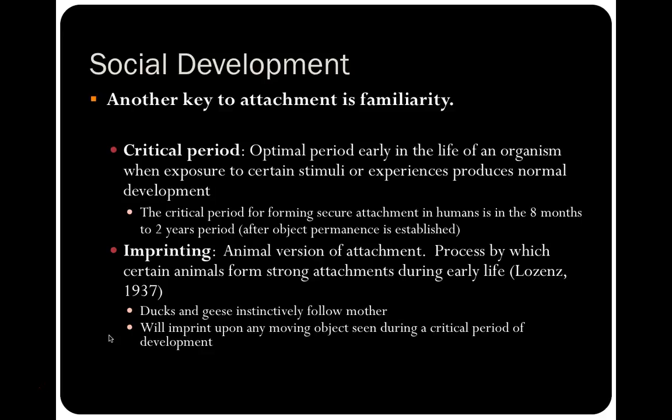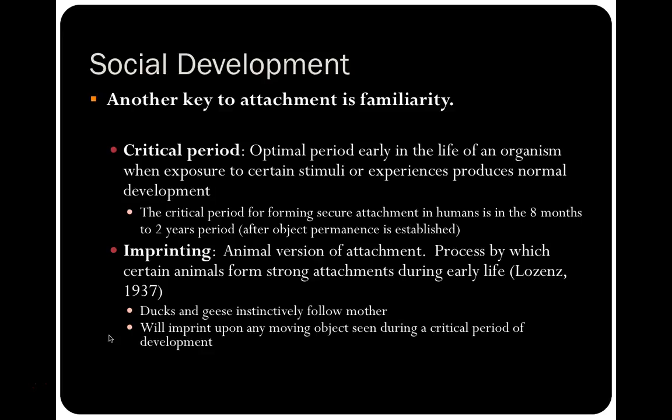Now, the critical period for forming secure attachment in humans is in the 8 months to 2 years period, after object permanence is established. So this is a time when the child is maximally ready to make this connection and feel a secure attachment and attraction to the primary caregiver.